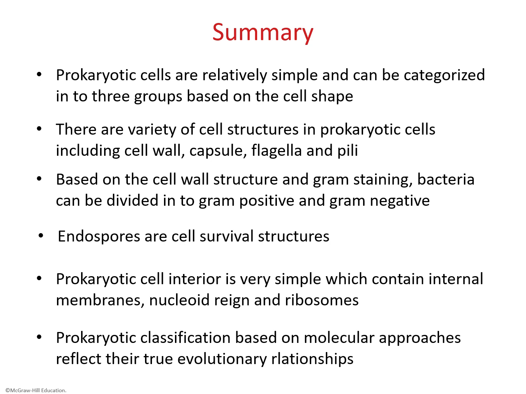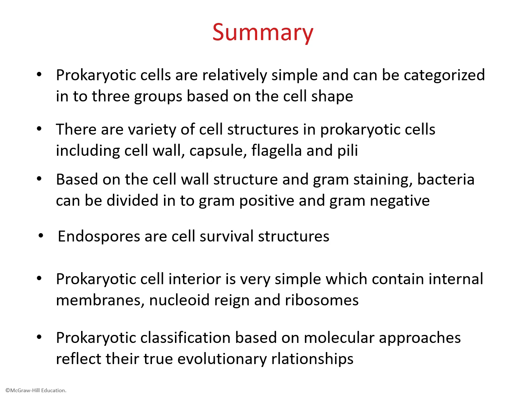So in summary, today you learned that prokaryotic cells are relatively simple and can be categorized into 3 groups based on their cell shape. There are a variety of cell structures in prokaryotic cells, including the cell wall, capsule, flagella, and pili. Based on the cell wall structure and gram staining, bacteria can be divided into gram-positive and gram-negative.